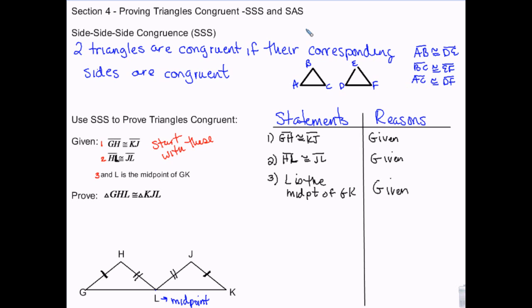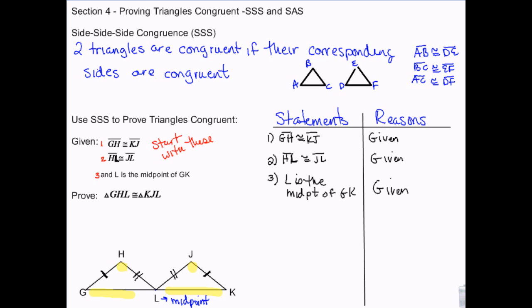So I need something. I have 2 sides. That's good. So I need to either prove that this angle is congruent to this angle, or that this length is congruent to this length. I need one of those to be able to have side, side, side, or side, angle, side.